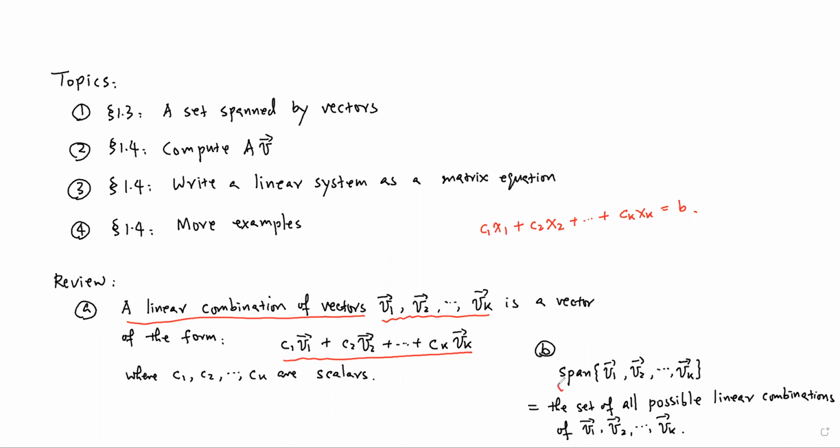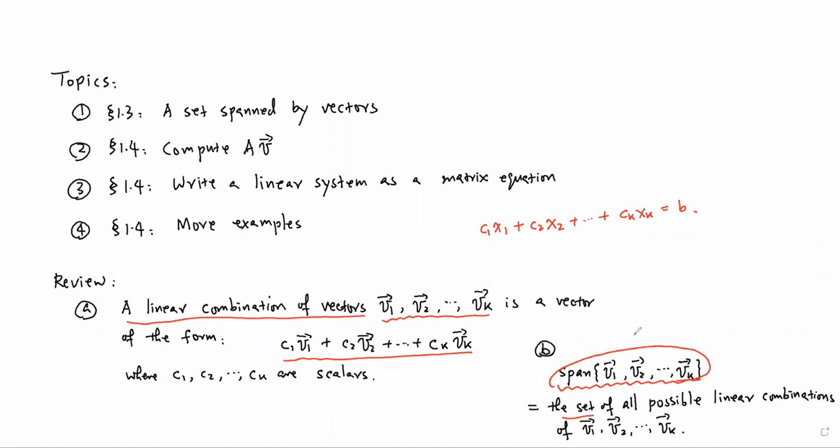I use this notation to denote the set of all possible linear combinations of these k vectors. Put all the linear combinations together, I have a set, and I denote the set by this notation.